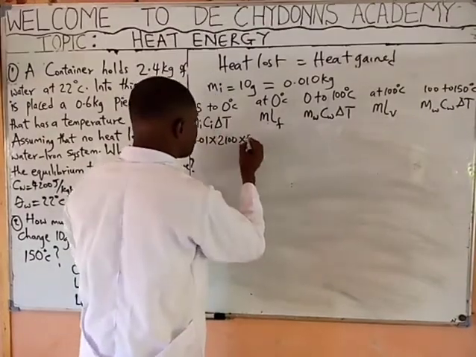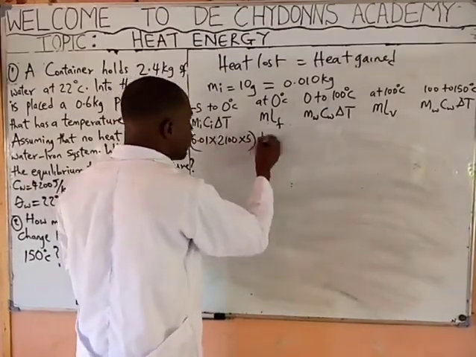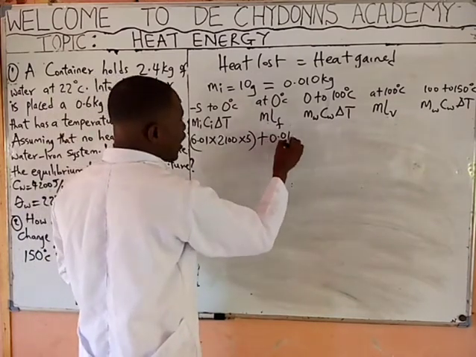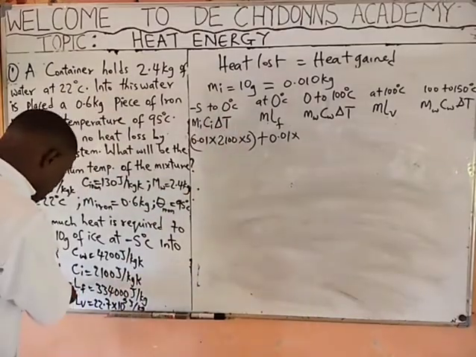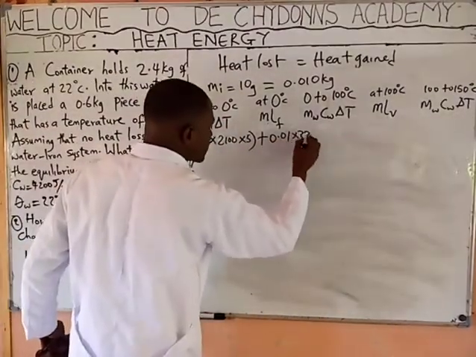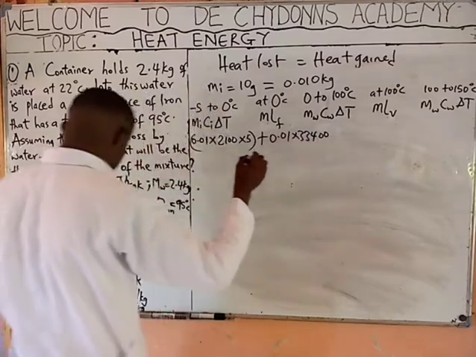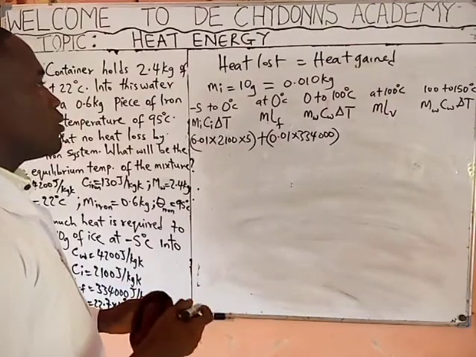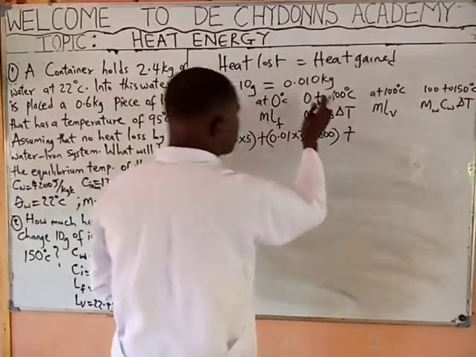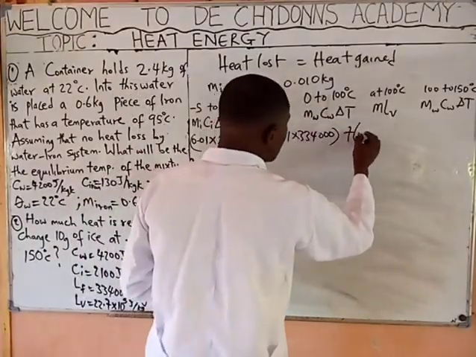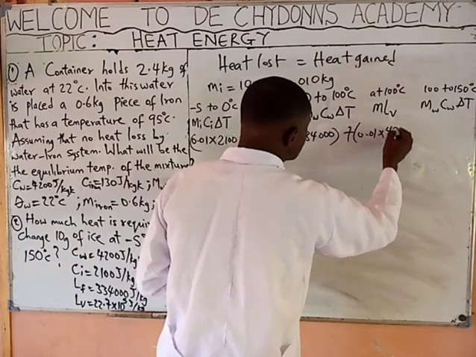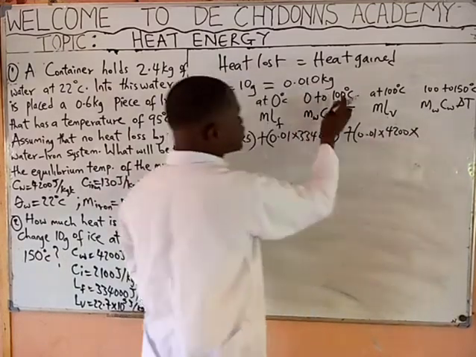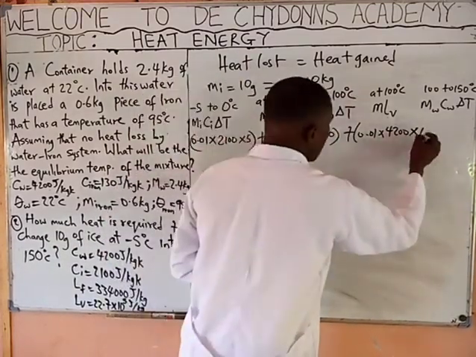We now say 5. We now say plus this at 0. Mass is 0.01 times latent heat, given to us to be 334,000. Okay? So we now say plus, we come to this point. Mass of the ice is 0.01 times 4200, which is the specific capacity of the water, times change in temperature, 100 minus 0, 100.